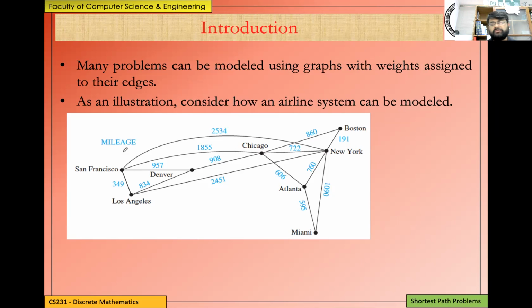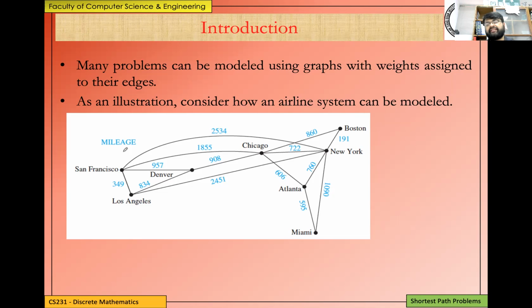If you break it up into two smaller trips, for example from San Francisco to New York, you can go from San Francisco to Chicago in approximately 1,855 miles, and then you travel 722 miles further from Chicago to New York. This is how the graph has been divided, and you can see that each edge now has a weight, which is the mileage you need to travel from one point to another.